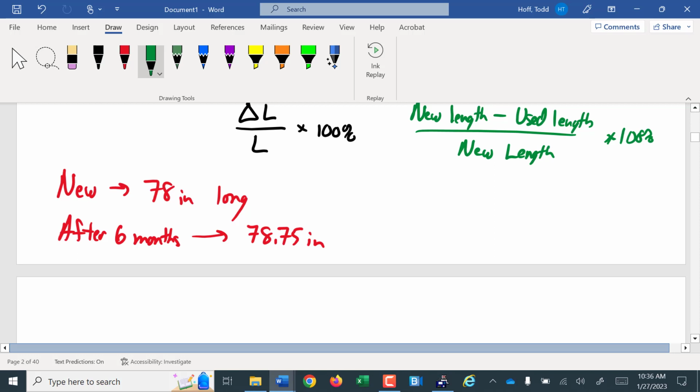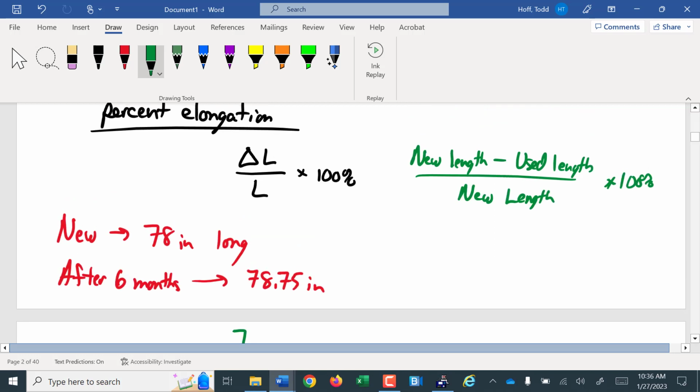So our elongation would be, I wrote this backwards. This should have been used length and new length. Oops. Sorry about that. Used length is always longer than the new length. Used minus new.